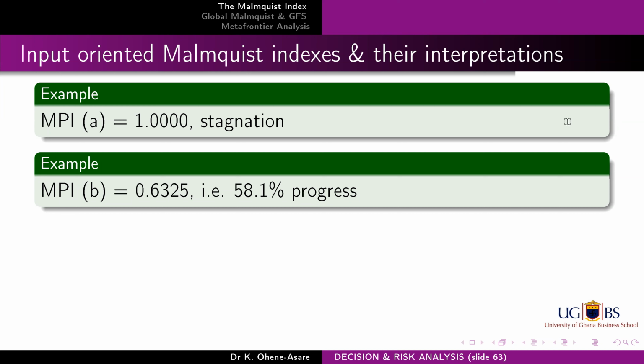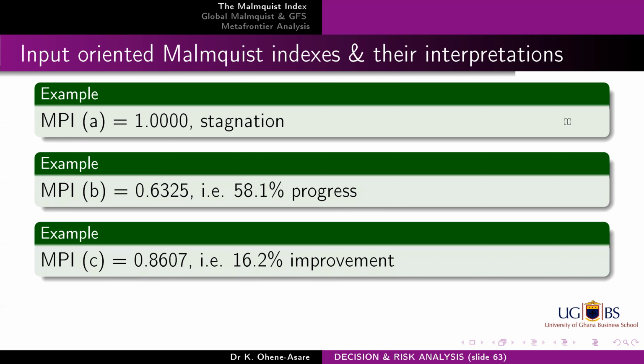Of course, before you can tell that it is a significant improvement, you have to bring the bootstrap into it, which we shall do. And that will tell you whether this progress was significant or not. But the one we did was C. And we know that C also experienced 16% improvement or progress between the 2 time periods.